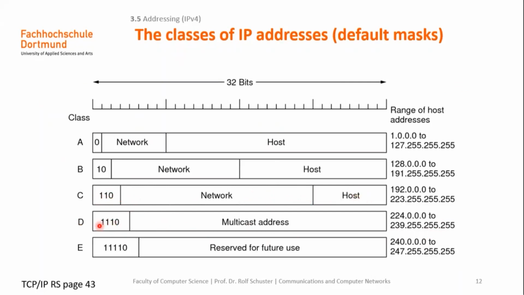Class D and class E addresses: class D addresses are used for multicast addressing, and class E is reserved for future use, and typically in the case of IP version 4, no assignment has been performed until now.